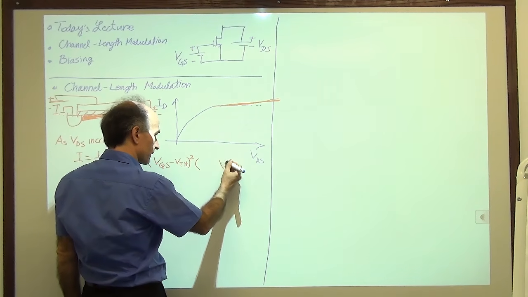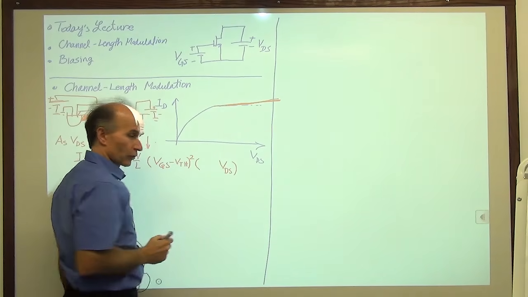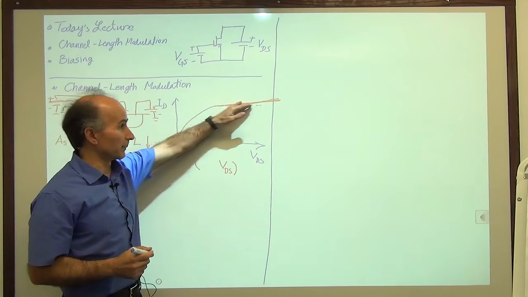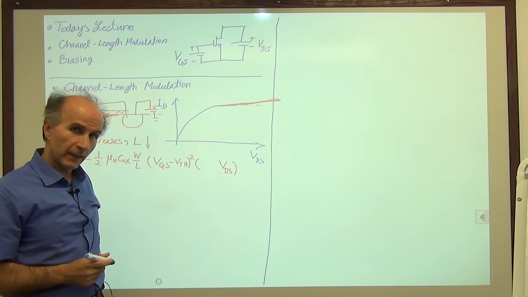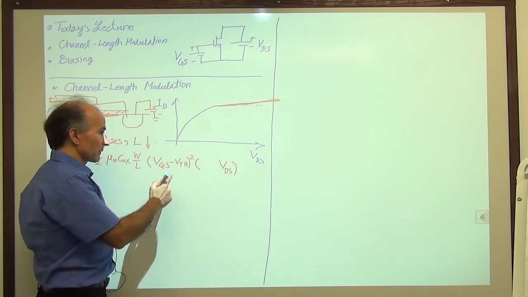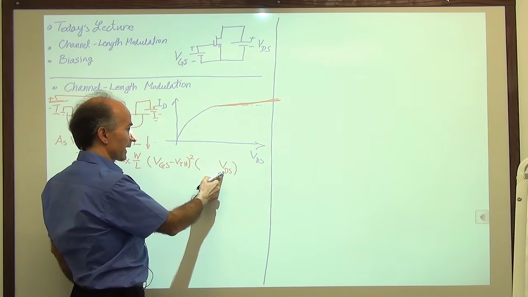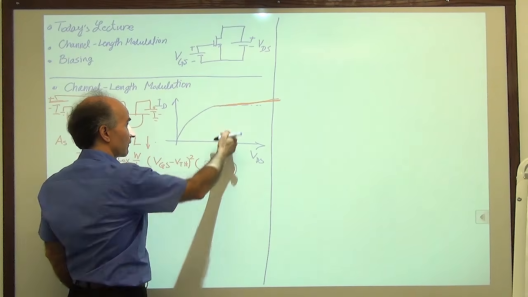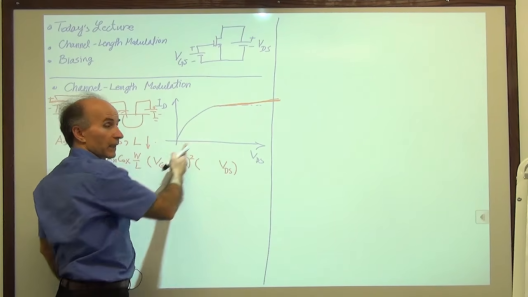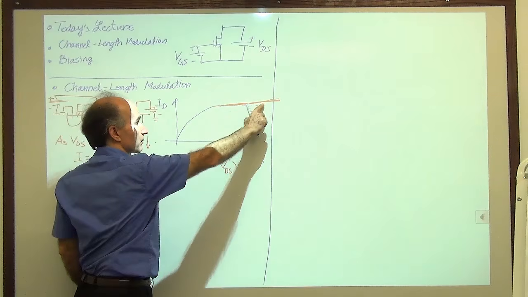So what should the correction factor look like? Okay, so we need VDS. That's for sure, right? As VDS goes up, we want the current to go up. All right, but it cannot be just multiplied by VDS, because that creates a very strong relationship like this. We just want to have a mild relationship like this.